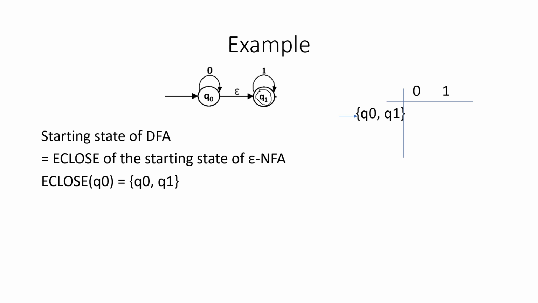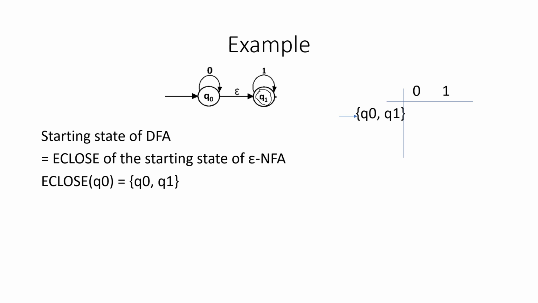Since we are finding E-close of Q0, we include Q0 itself in the answer. And from Q0 we check whether there is any transition to other states on epsilon input symbol. Yes, there is a transition to the state Q1, hence it is also included. So E-close of Q0 is Q0, Q1.